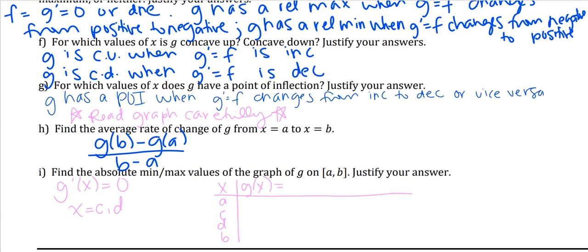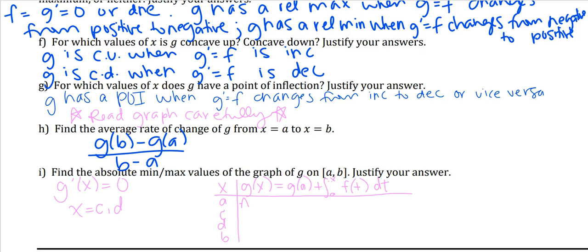G of X is going to be G of little a, whatever was given, plus the integral from a to whatever x value I'm looking for of G prime, which is also known as F. Making sure I'm using different variables on the limits of integration versus the integrand. Okay, and then you're just going to plug in. So G of A is just going to be G of A, which was given to be capital A. And then for C, I will replace C here.